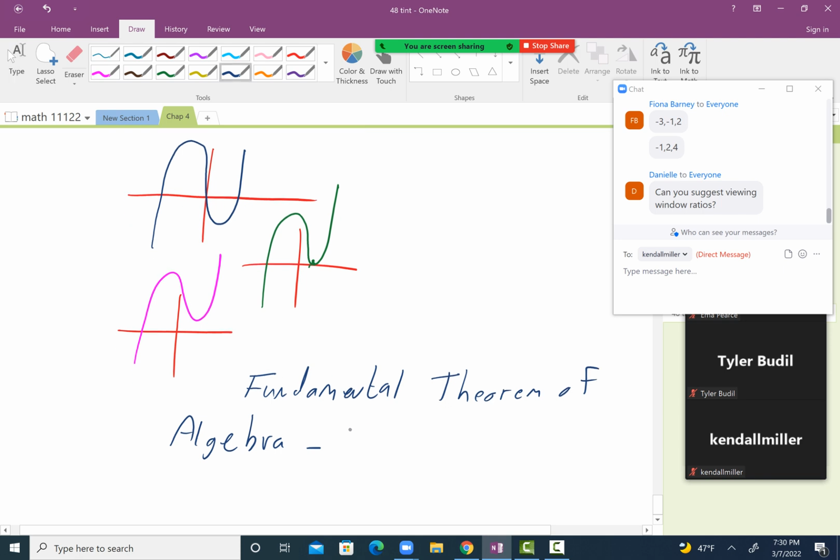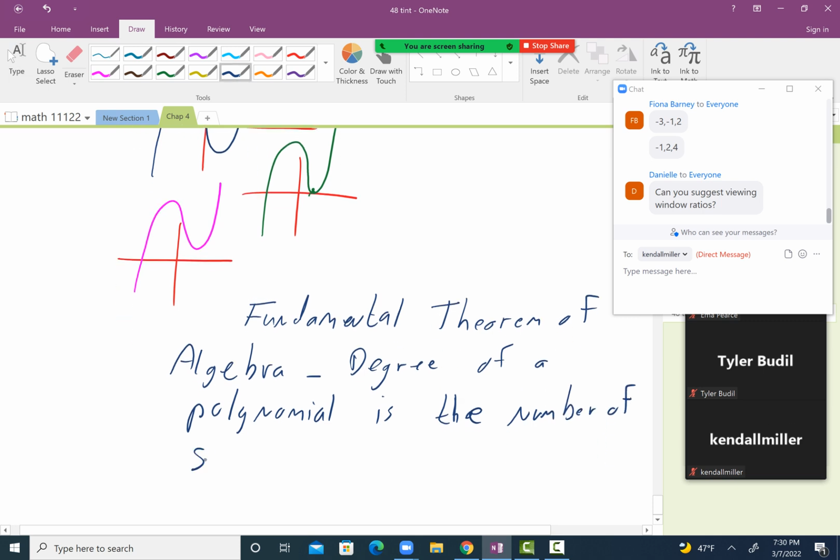What it says is that the degree of a polynomial is the number of solutions the polynomial has.